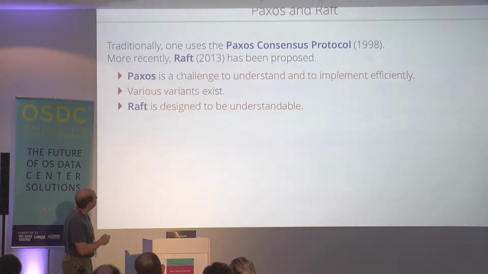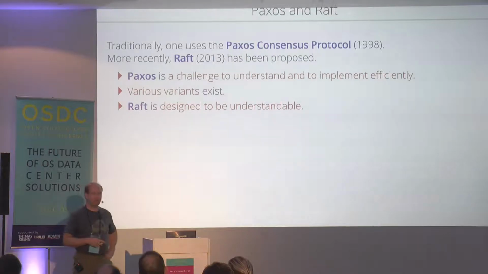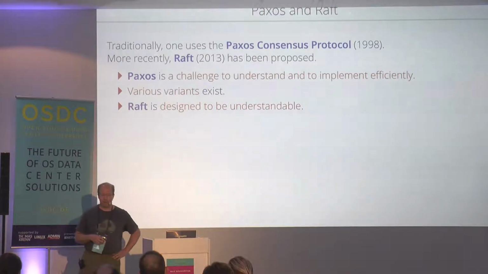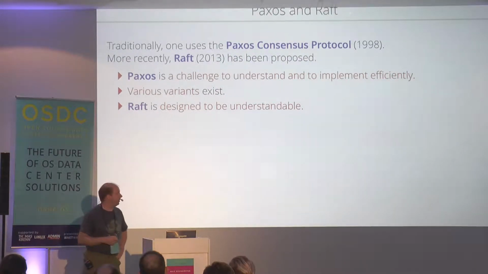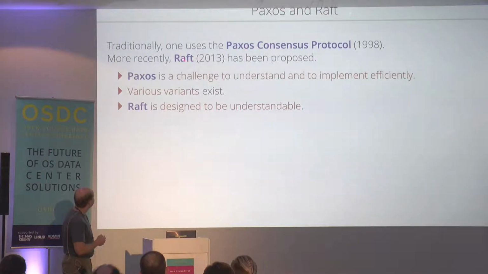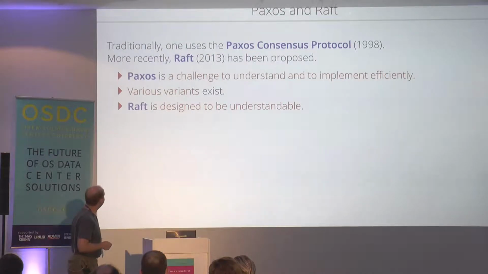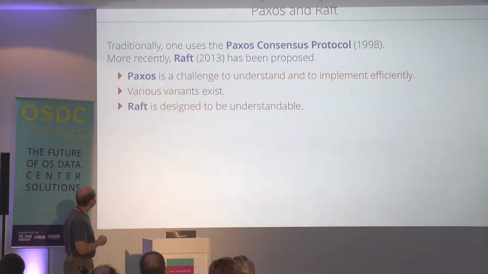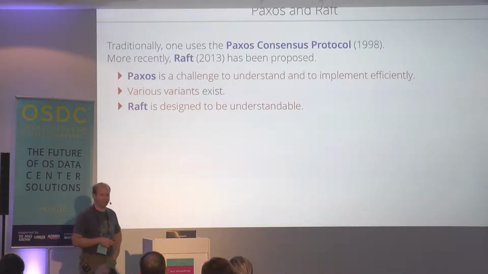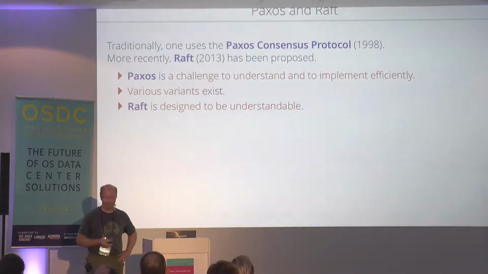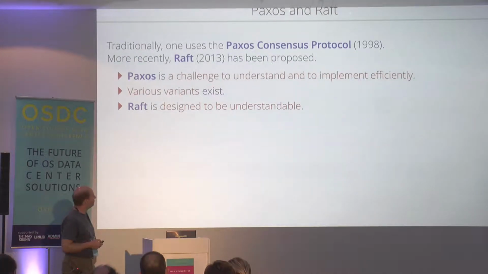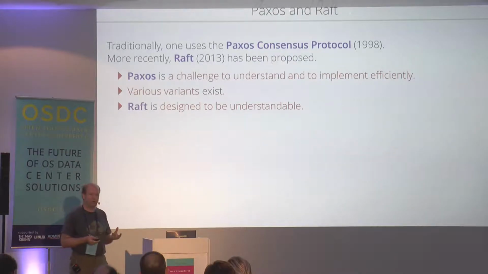The traditional approach to this is the Paxos consensus protocol from 1989 and 1998, which you might have heard of already. But there's also something newer, which is called Raft, from 2013. Paxos is a challenge to understand, let alone implement, because it's complicated.